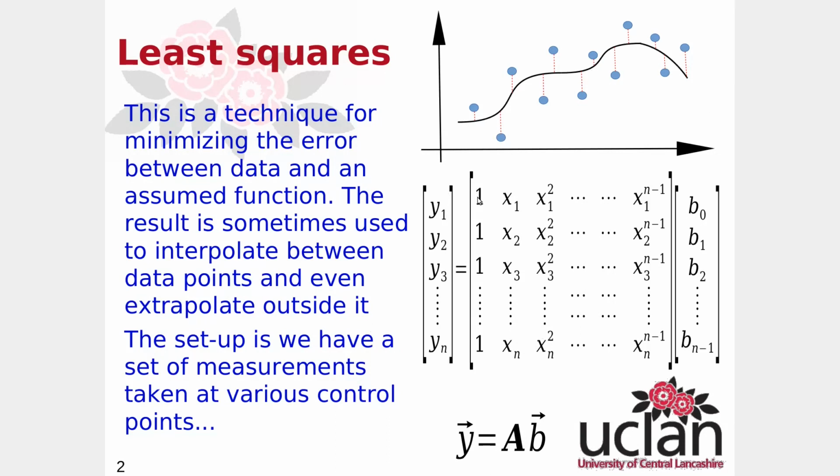It simply depends on what order we want the polynomial to be, but the easiest one would be A: 1, the first x value, 1, the second x value, 1, the third x value. So it would just be whatever the x values are as we move across the x-axis.